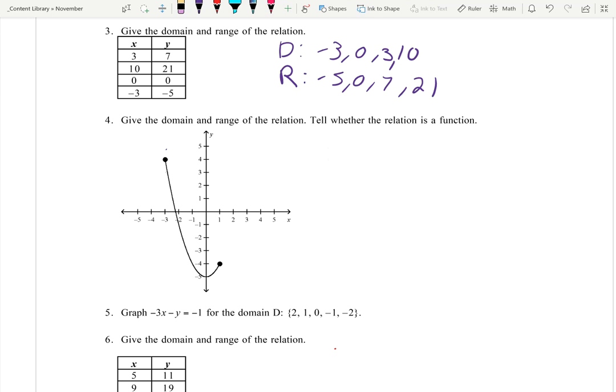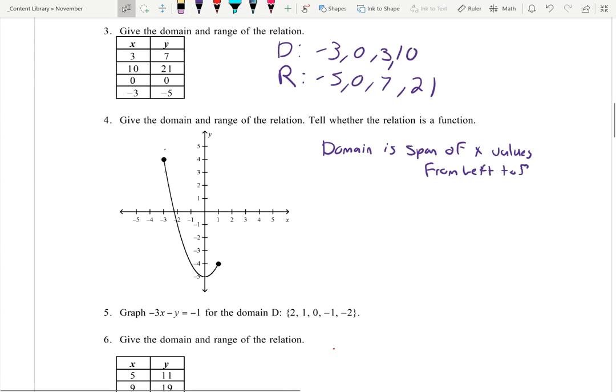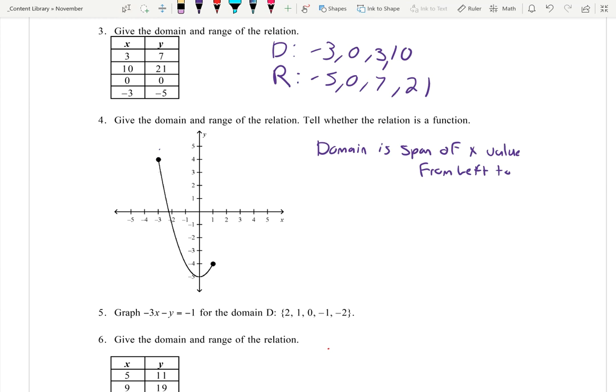So domain is the span of x values. It's from left to right on our graph.